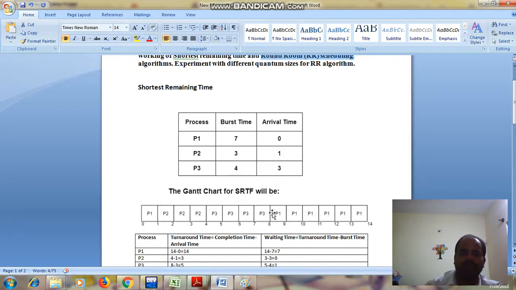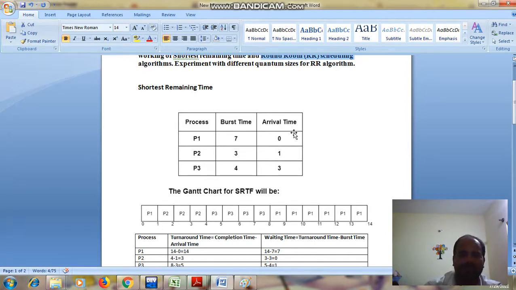In the queue, processes will come one by one. They will not all be there at the same time. That is called the process queue. Suppose P1 arrives in the queue at 0 seconds, meaning when execution starts, P1 is already there.